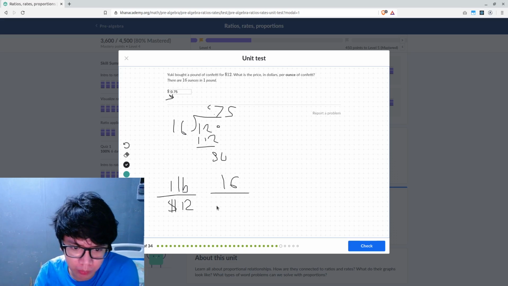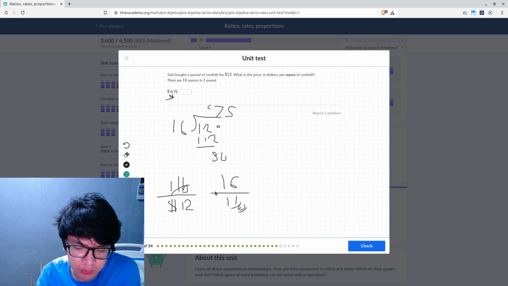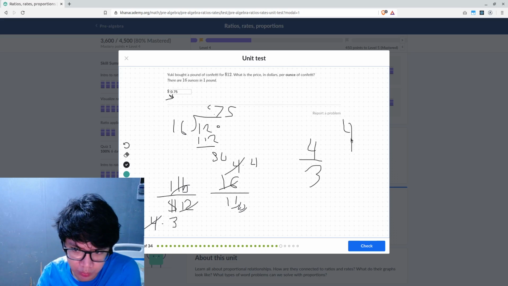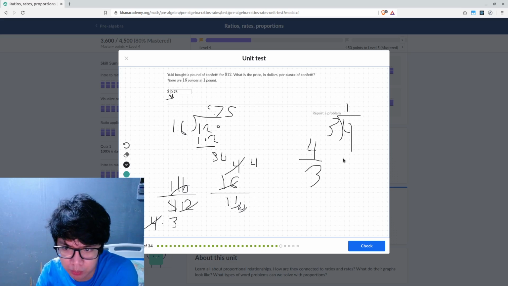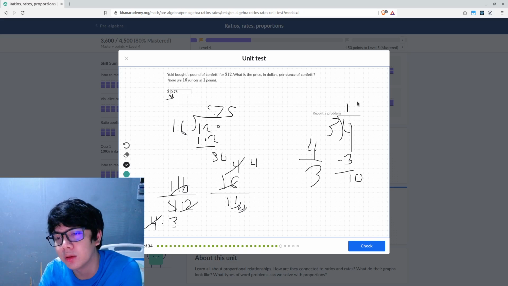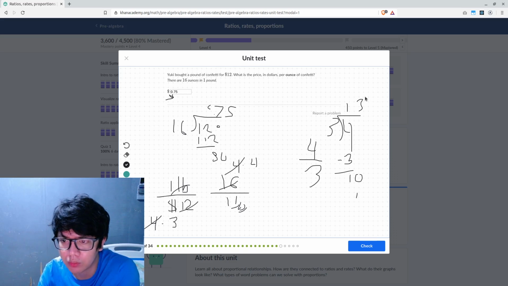So we literally have this thing. It's 4 times 3 and this is 4 times 4. We can just remove that. And you have 4 over 3 and then 4 divided by 3 is 1.33. Oh shoot.